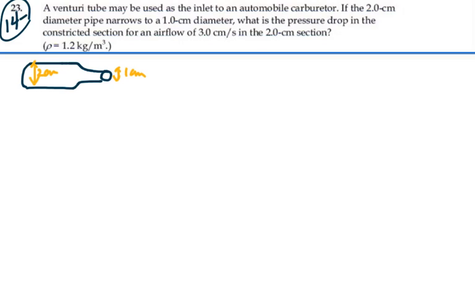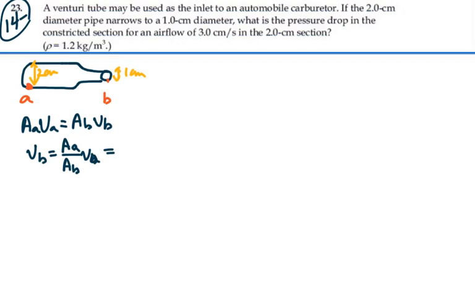If we call this point A and this point B at the smaller diameter, then it is true that the area at A times the velocity at A is equal to a constant. It's equal to the area at B times the velocity at B. So the velocity at B is going to equal the area at A divided by the area at B times the velocity at A.